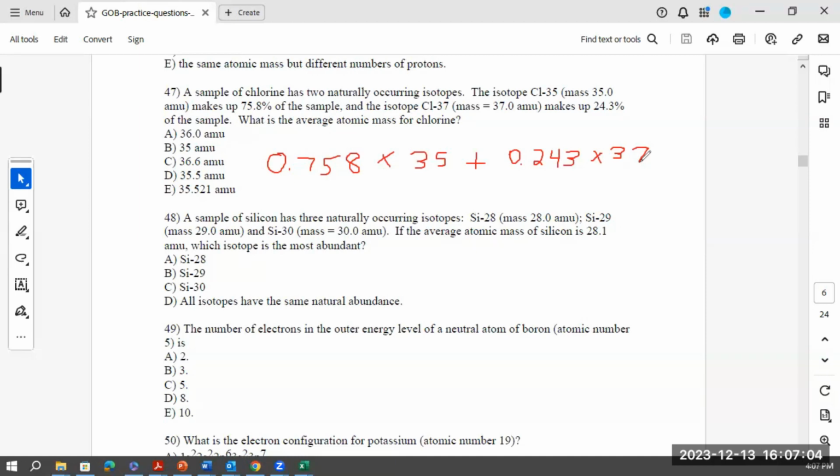So if we go ahead and do that math, what did you guys end up with? It's 35.521. Yeah.